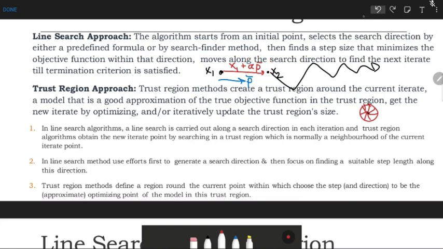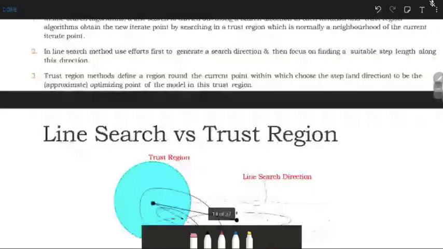How to get the p, how to get the alpha, there are many methods. We will see, it is there in this slide probably. Trust region is, I think, like in a small neighborhood, it will just go everywhere and see where the best possible solution is. I think that is what trust region is. I might be wrong, but we'll see.